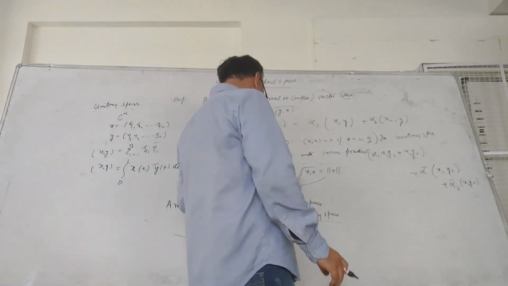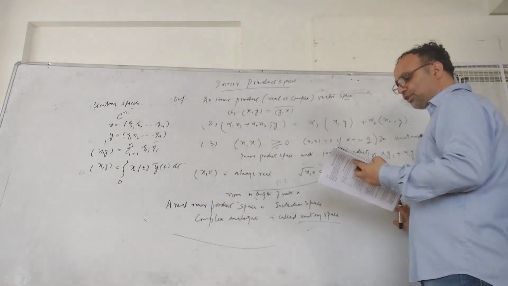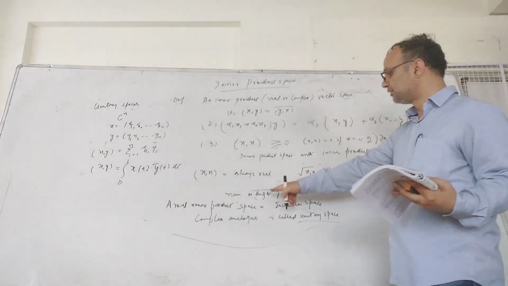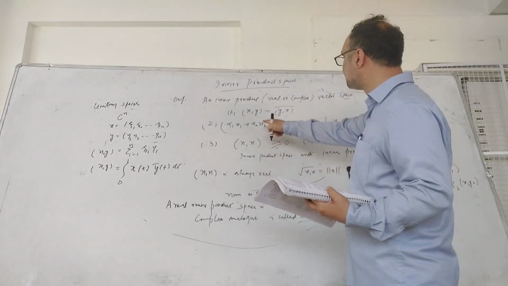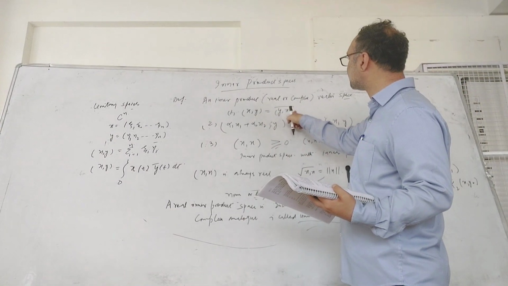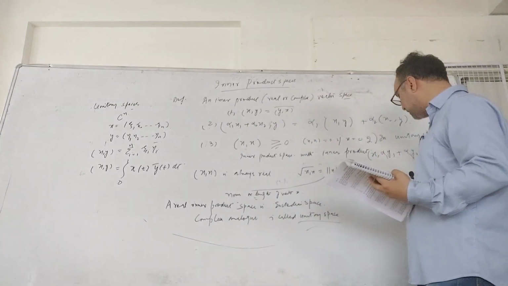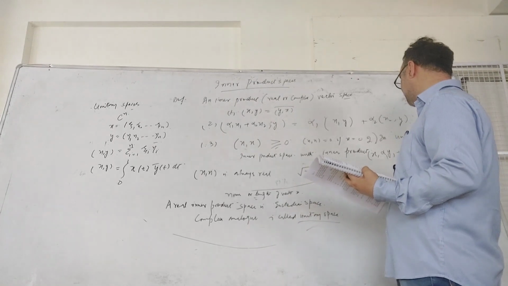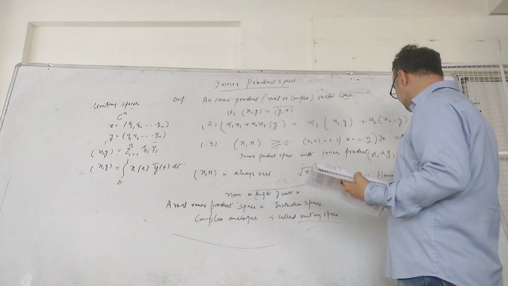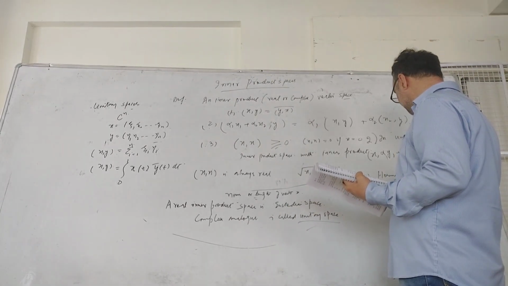So accordingly, the terminology of xy is complex, not normal, because of this conjugate. It is in a sort of Hermitian form, Hermitian symmetric is the term we are using.